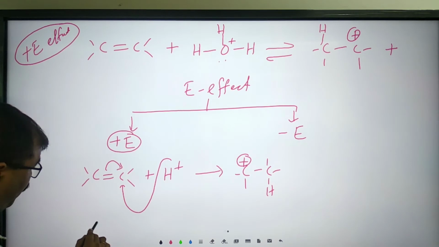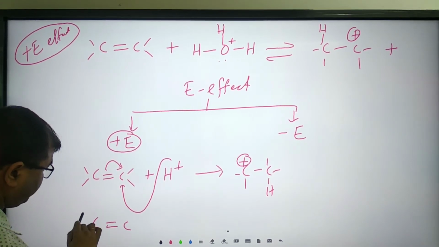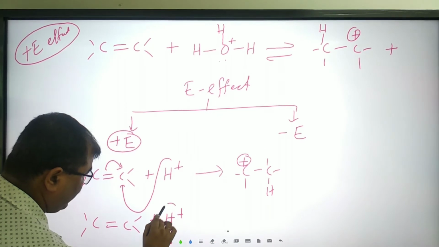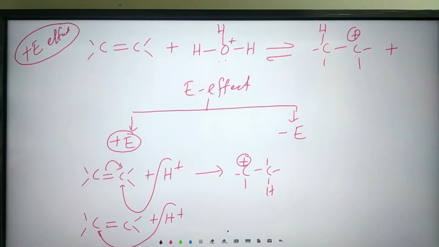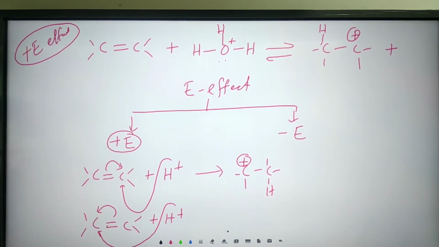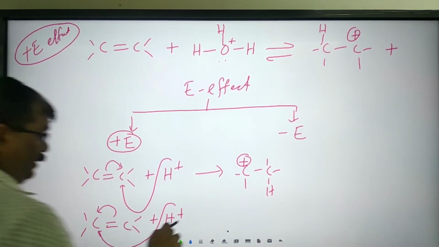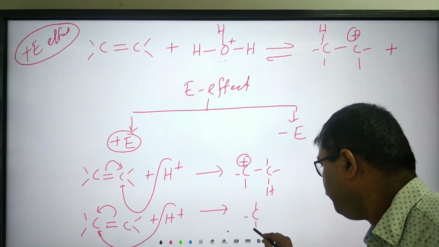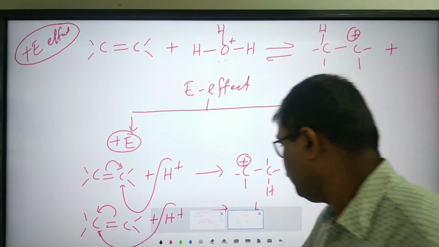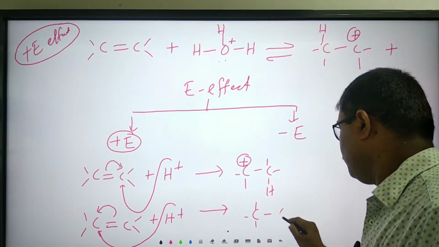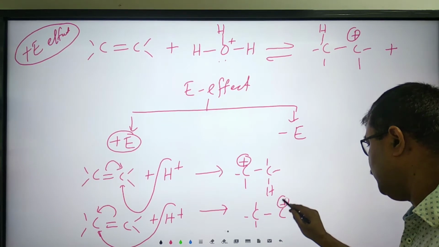Now it will be opposite. Suppose the attacking reagent attaches to this carbon, then pi electron movement will take place towards this. Then what will happen here? This time the positive charge will be there.